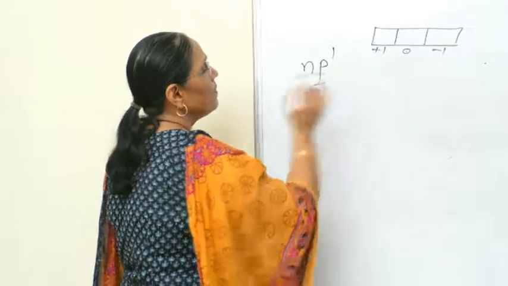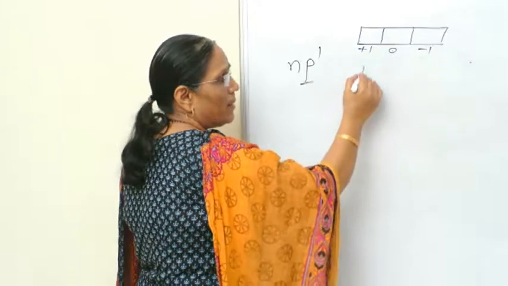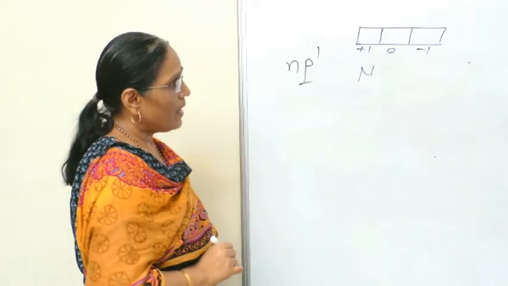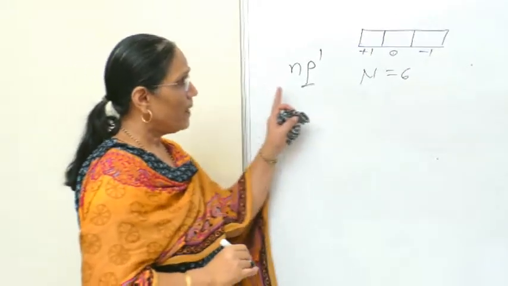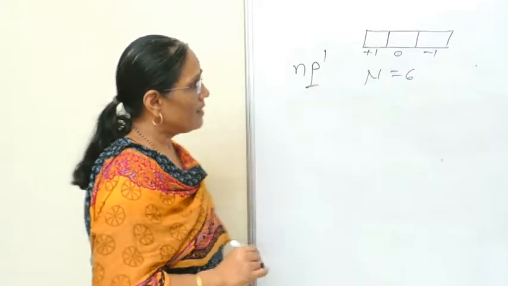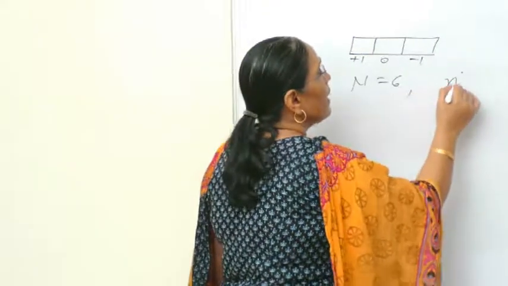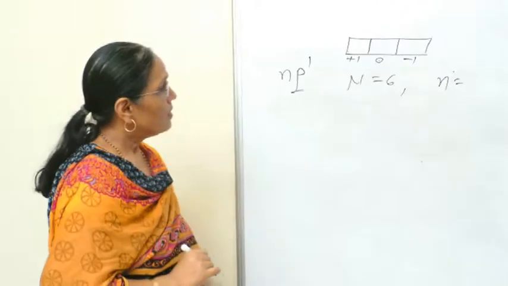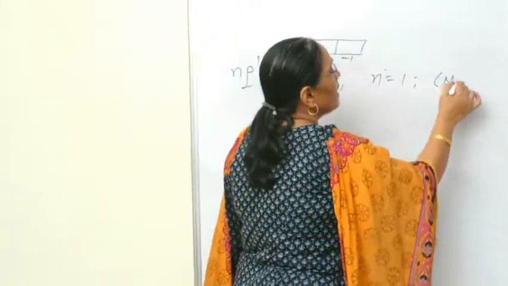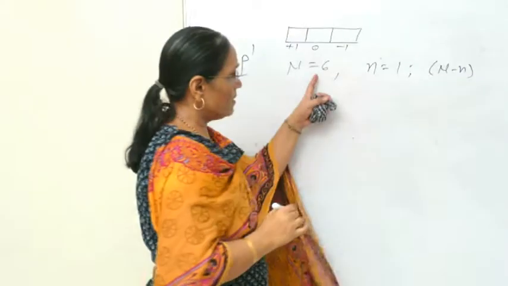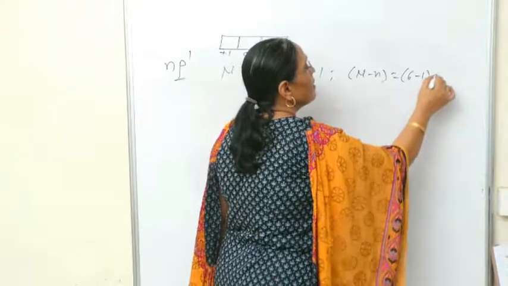So for the p orbital, capital N, that is the electron capacity, is 6, that is 6 electrons can be accommodated in a total of these 3 orbitals. Here small n, the actual number of electrons given, is 1. Therefore N minus n, where capital N is 6 and small n is 1, is 6 minus 1, equal to 5.